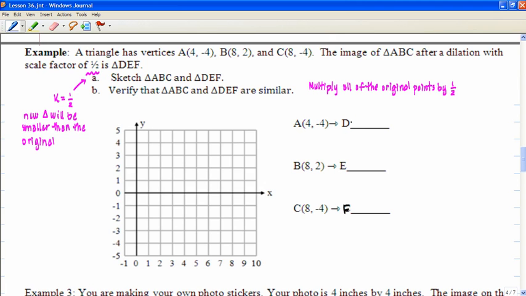Okay, so 1/2 of 4, -4 will become 2, -2. 1/2 of 8, 2 will become 4, 1.